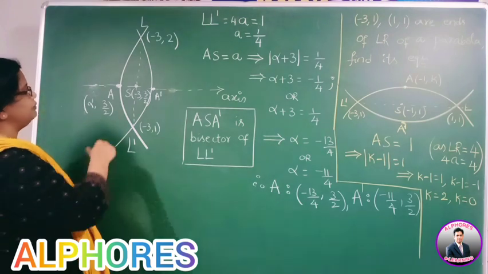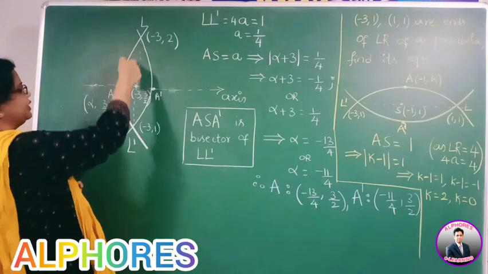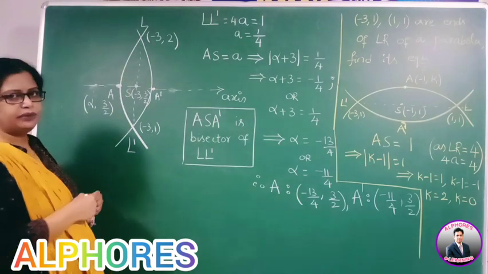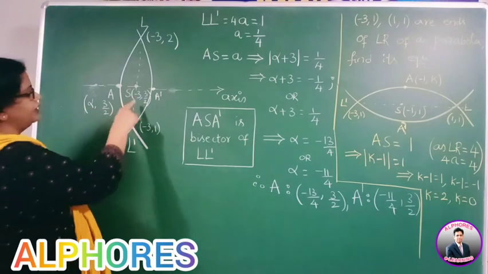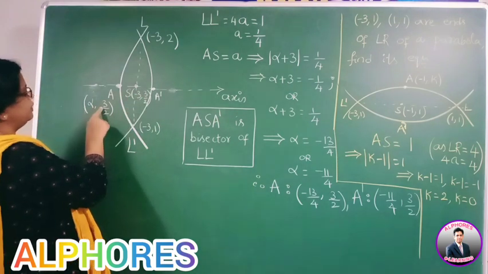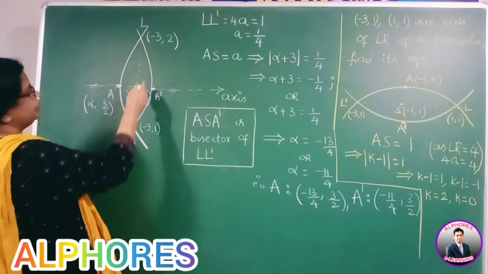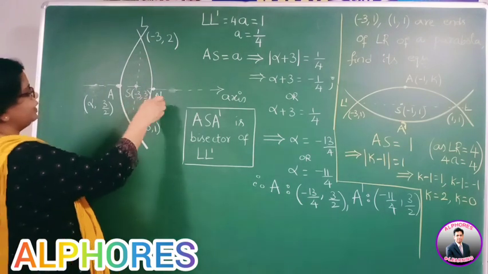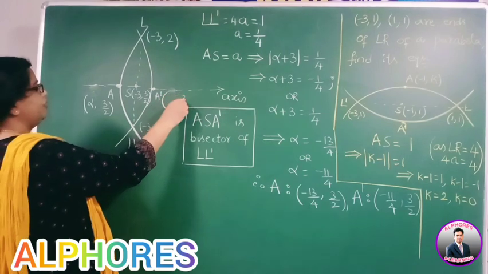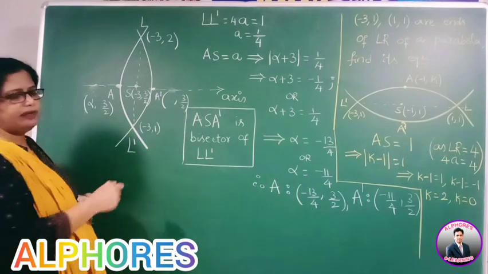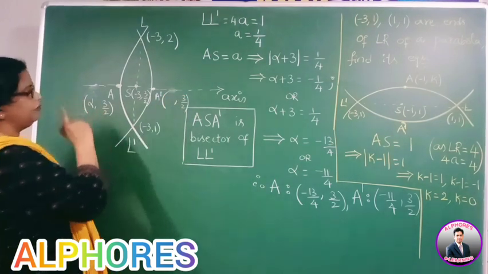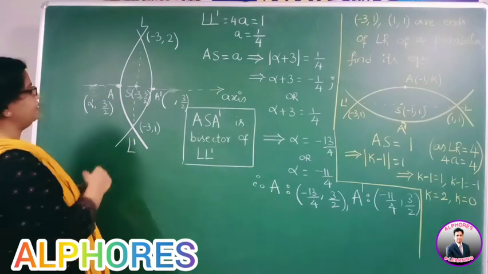What is the reason behind it? Because the axis is parallel to the x-axis, as this is 3/2, here also you can take 3/2, and for the other parabola also the ordinate value you can take as 3/2. So the ordinate value is 3/2 and 3/2. Then what is the leftover value?